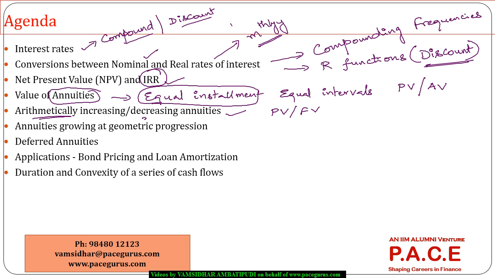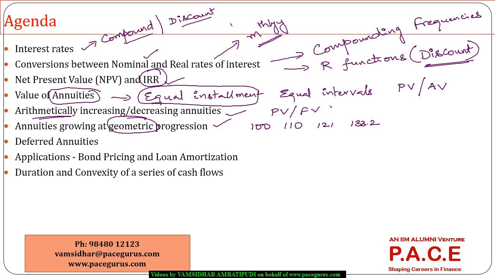Similarly, in some cases, the amounts would be growing not in an arithmetic progression, but in a geometric progression, right? Probably 100. It would be increased by, let's say, 10%, 110, 121, 133.2, so on. So the annuity is growing at a geometric progression.